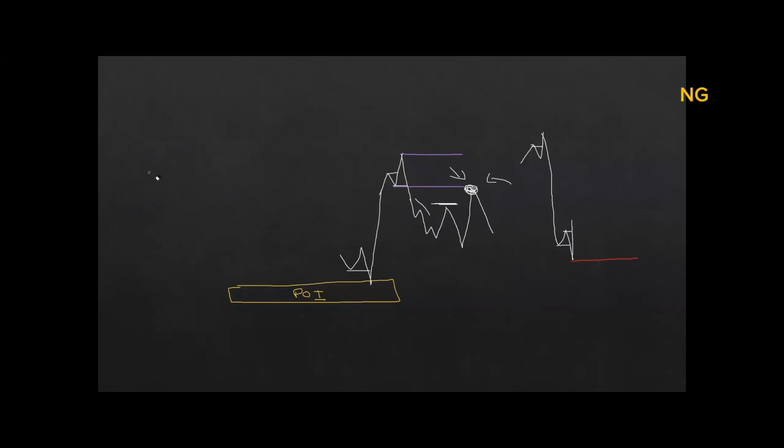So in this scenario, we have internal liquidity. I'll change it. Internal liquidity and inducement feeding into this unmitigated strong high. In this scenario here, it's considered a strong high. Right? And the overall picture is a weak high.